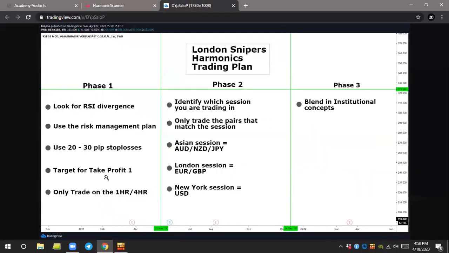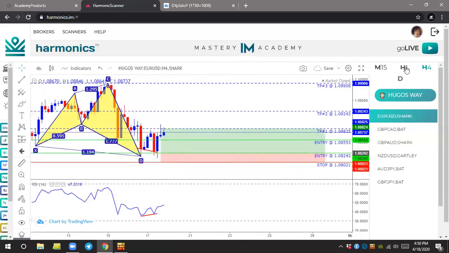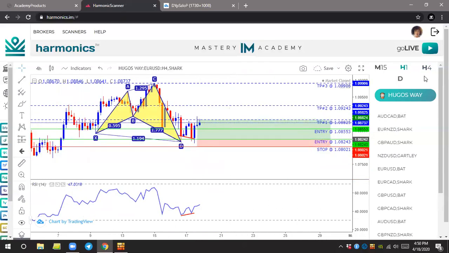And then the last thing that we're going to focus on is why we only trade on the 1 and 4 hour. Well, it's the easiest to see divergence on the 1 and 4 hour. When you're on the 1 hour, these pop up throughout the sessions, which we'll do for number 2.